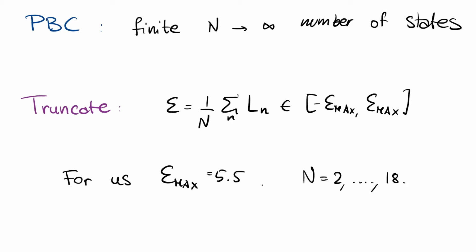This is not a very hard thing to do because things converge exponentially with this. I will take in practice 5.5, and we see that if we change it by a bit, nothing changes in our result. I'm going to start from the smallest chain I can consider and go up to 18, and then extrapolate n to infinity.